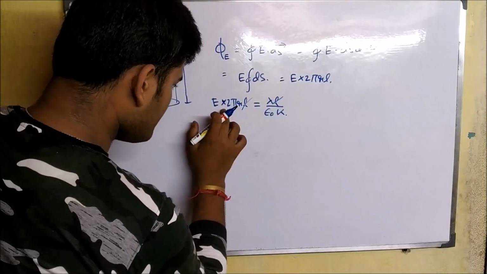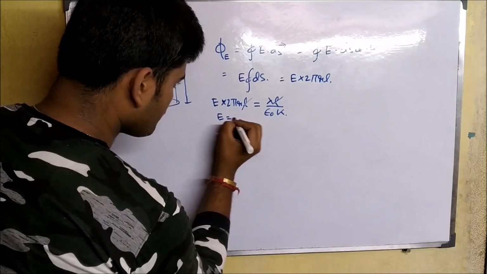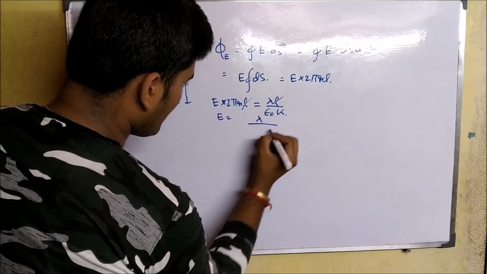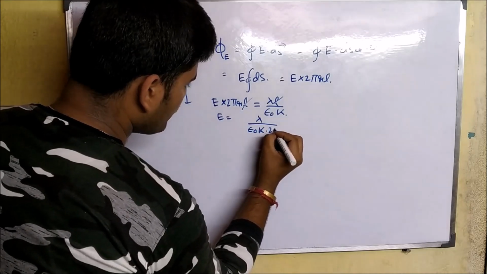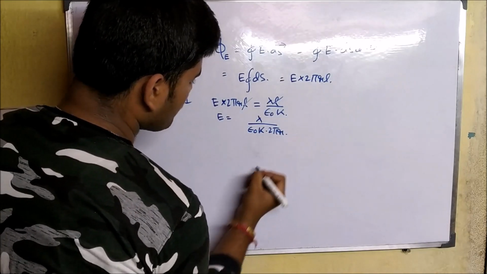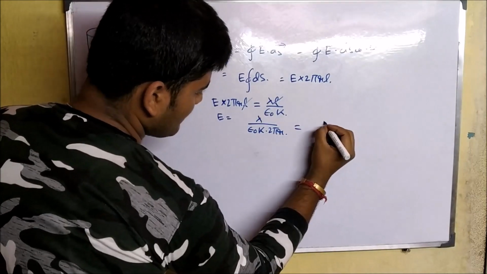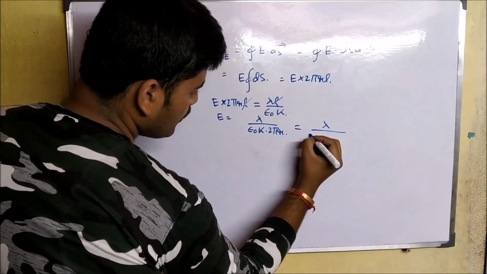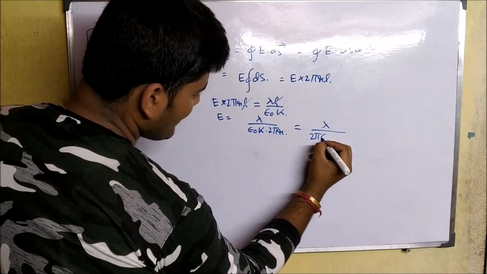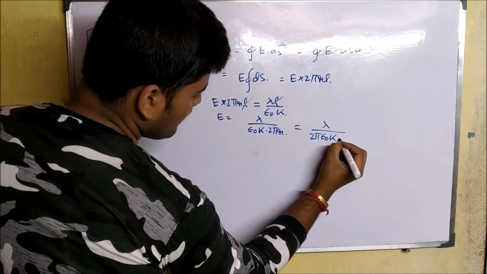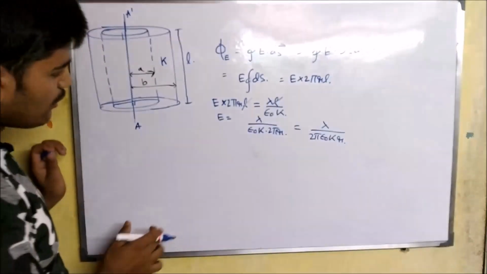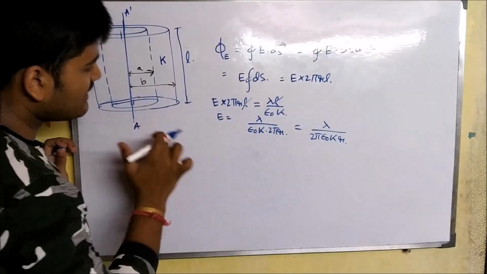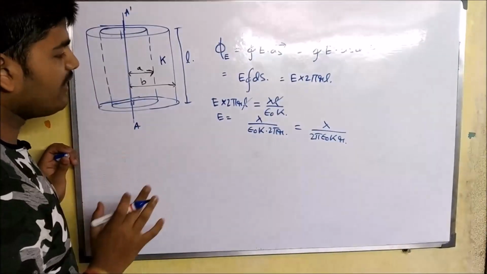This E equals λ by ε₀K·2πR, or to modify it, we will be writing this as λ by 2πε₀K into R. So this will be the electric field intensity of the cylindrical capacitor at any particular point.